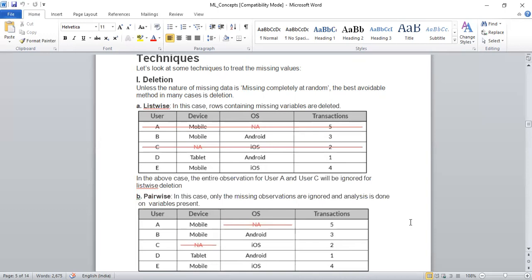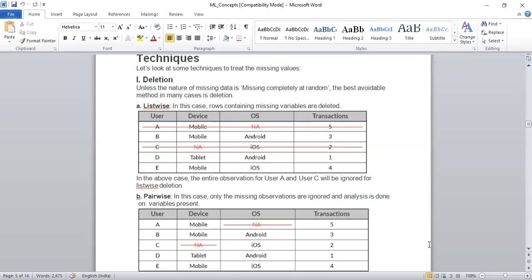Unless the nature of missing data is missing completely at random, the best avoidable method in many cases is deletion. So list-wise deletion is what? In this case, rows containing missing variables are deleted. In the above case, the entire observation for user A and user C will be ignored for list-wise deletion.